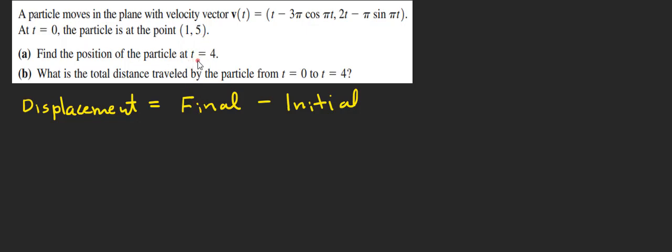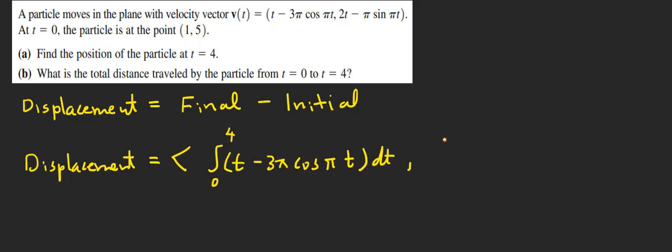Our final position is when t equals 4. If we are able to find the displacement, since we have initial, we could also find final. So how do you find the displacement? The displacement is going to be the integral from 0 to 4 of the x component of the velocity, comma, the integral from 0 to 4 of the y component of the velocity.